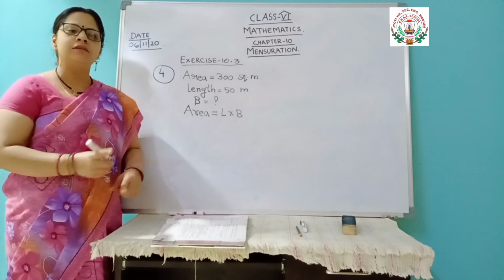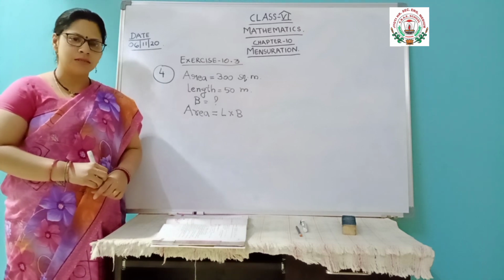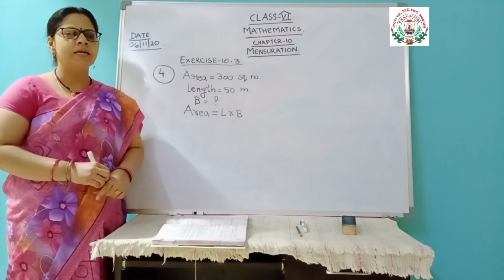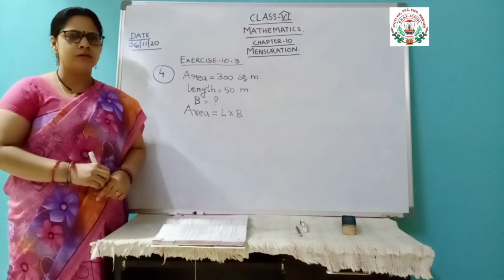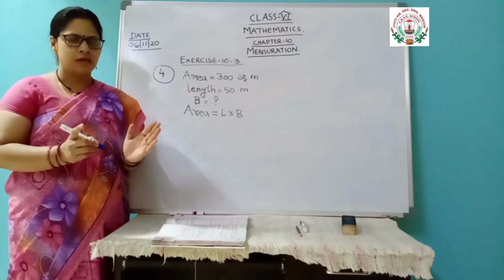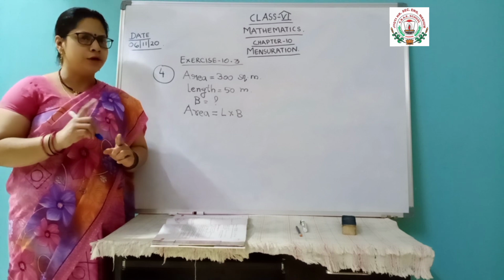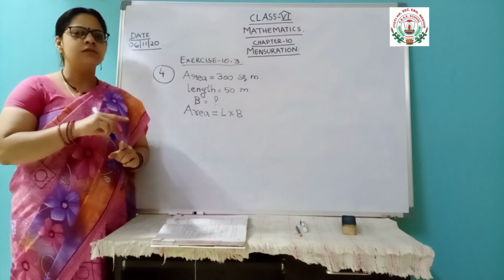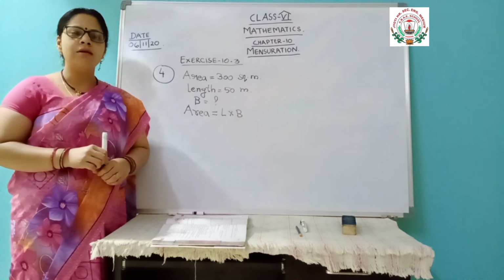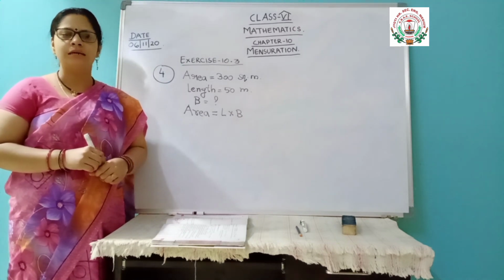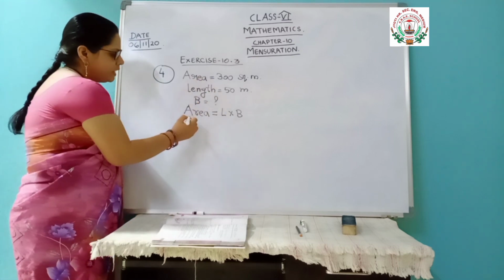Plus changes to minus, minus changes to plus, into (multiplication) changes to divide, and divide changes to multiplication, when you are transferring to the other side of equal. Okay, so first you will put the values here.